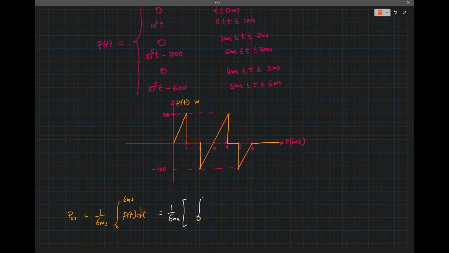So the integral from 0 to 1 millisecond of P of t dt, plus from 1 to 2 is 0, then from 2 milliseconds to 3 milliseconds of P of t dt, plus the integral from 2 to 4 milliseconds, and then from 4 to 5 is 0, then from 5 milliseconds to 6 milliseconds of P of t dt.